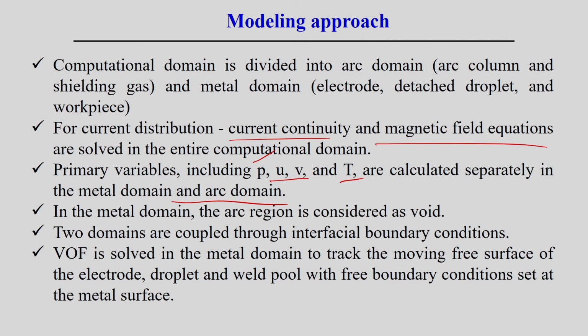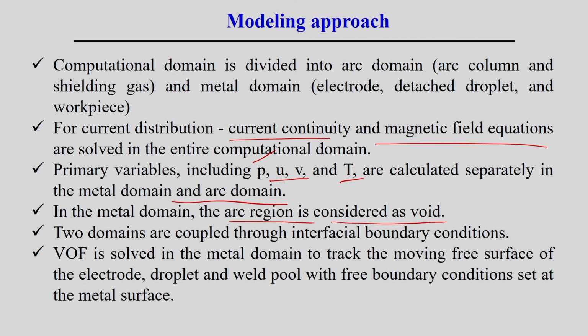So, in the metal domain the arc region is considered as a void. Depending upon this, we can estimate the volumetric flux associated with this. That volumetric flux can be incorporated in the energy conservation equation or momentum conservation equation as a body force in both equations, and the equations can be solved more precisely for the prediction of the velocity field and the temperature field.